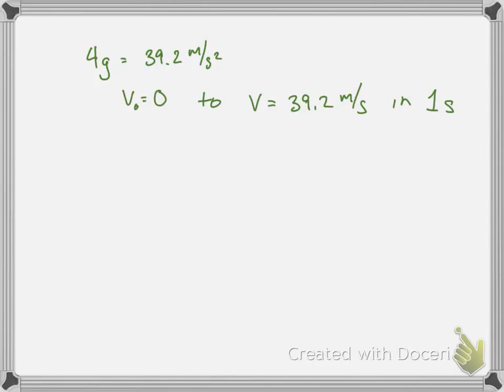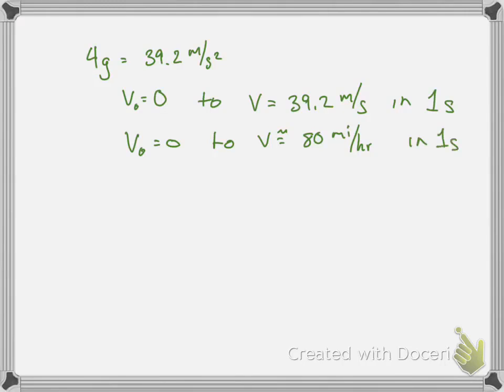So the first second, you're going 39.2 meters per second. The second second, you're going twice that, which is about 80 meters per second, etc. So what is this in miles an hour, right? Well, we can do the unit conversion, but remember, meters per second is about half of miles an hour. So it's around 80 miles per hour in 1 second.